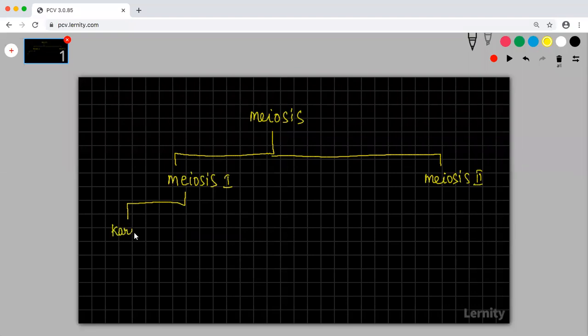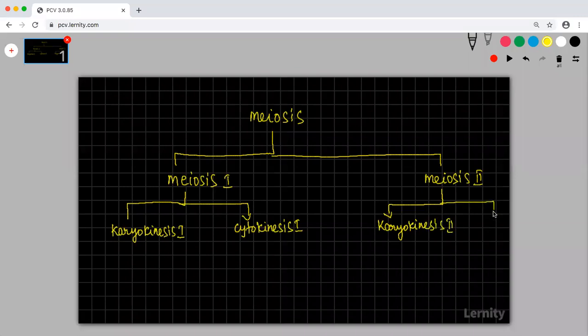The karyokinesis 1 and then the cytokinesis 1. Then you have karyokinesis 2 and then cytokinesis 2.